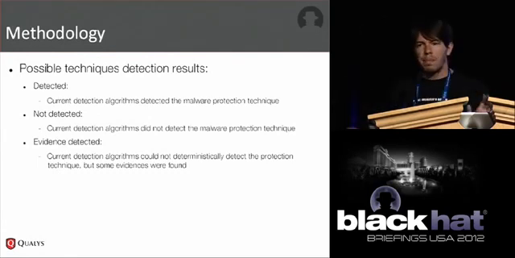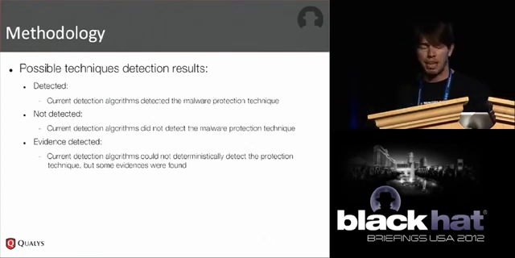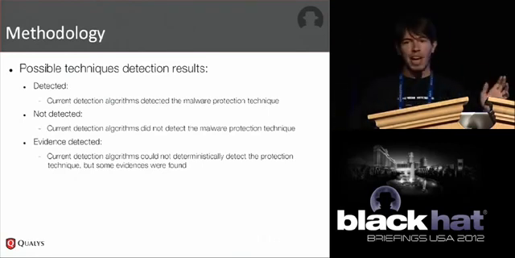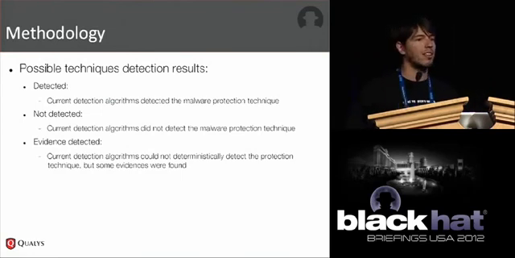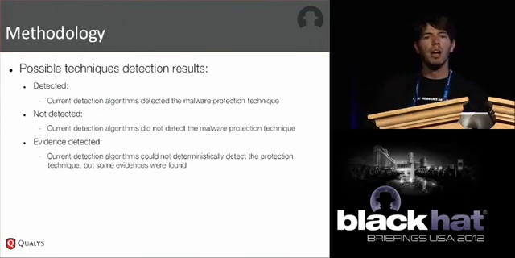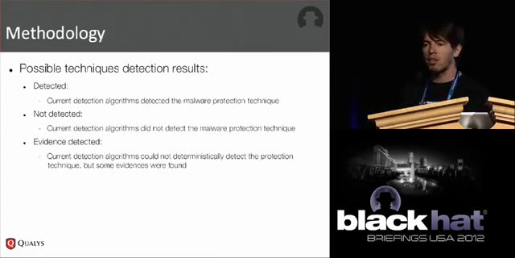Each of the plugins that we wrote, we defined as having 3 possible outcomes, of course if there are no bugs. There are always bugs. One of the outcomes is, of course, the technique was detected, so the sample implements this technique. The other outcome is, of course, not detected.